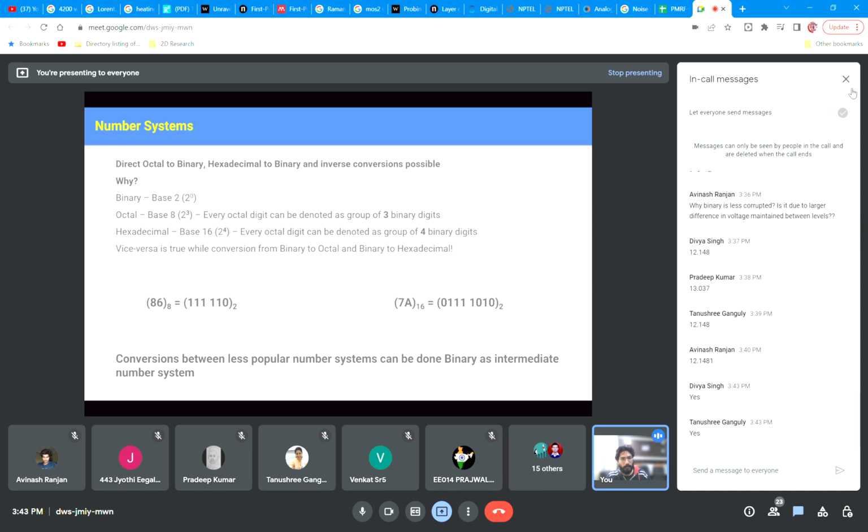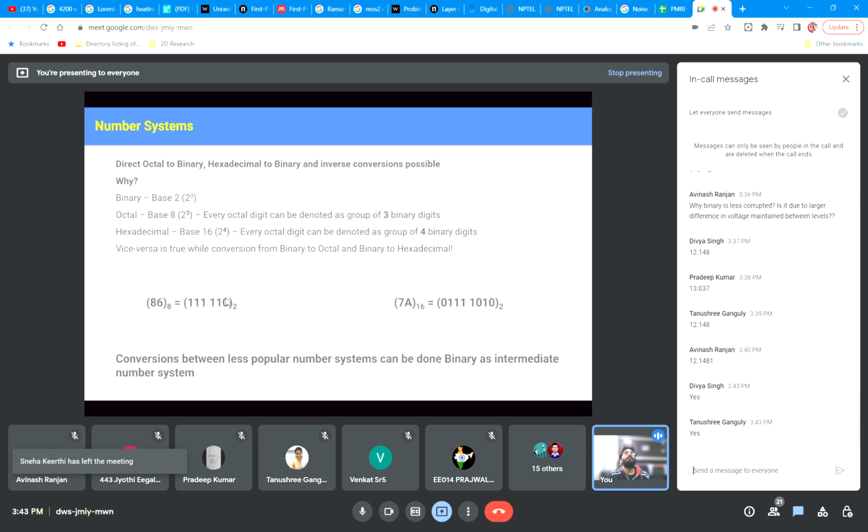So here is the same thing that I have written down and tried to explain. Why is this direct conversion possible only between binary, hexadecimal, and octal? You guys can tell me why.